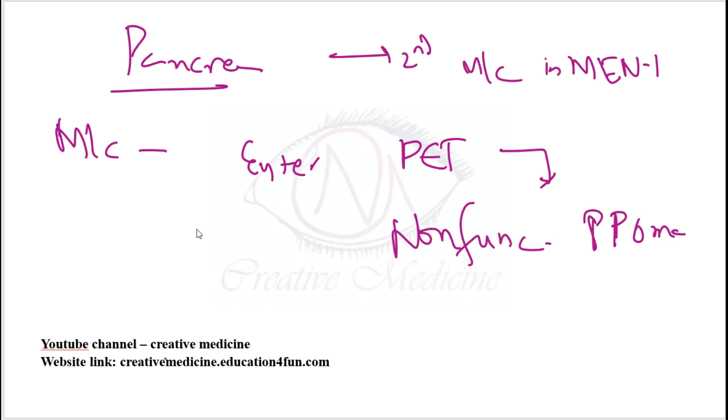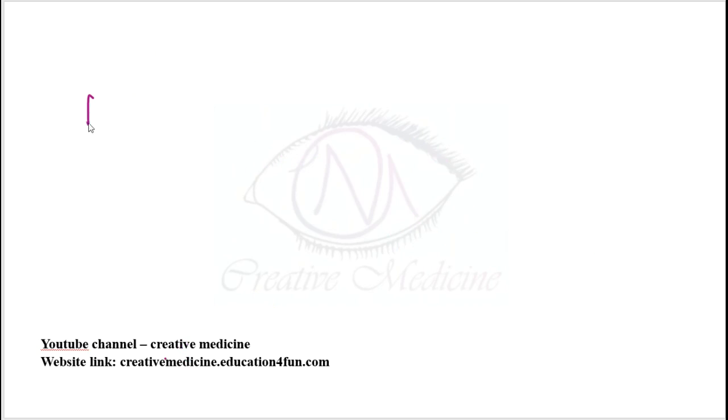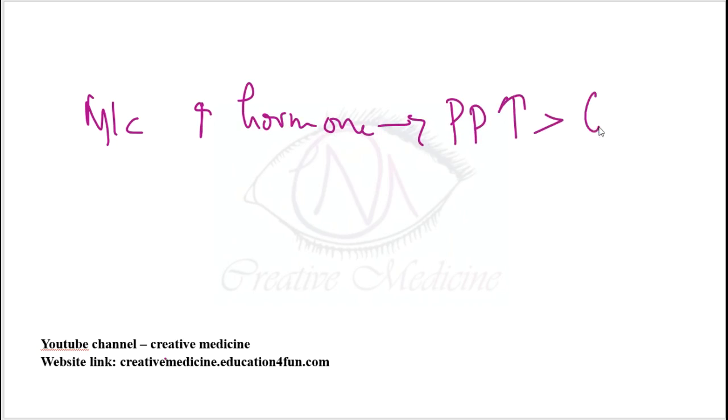If it is functioning, the most common one is gastrinoma followed by insulinoma. The most common increased hormone in MEN1 is pancreatic polypeptide, followed by gastrin, followed by insulin.